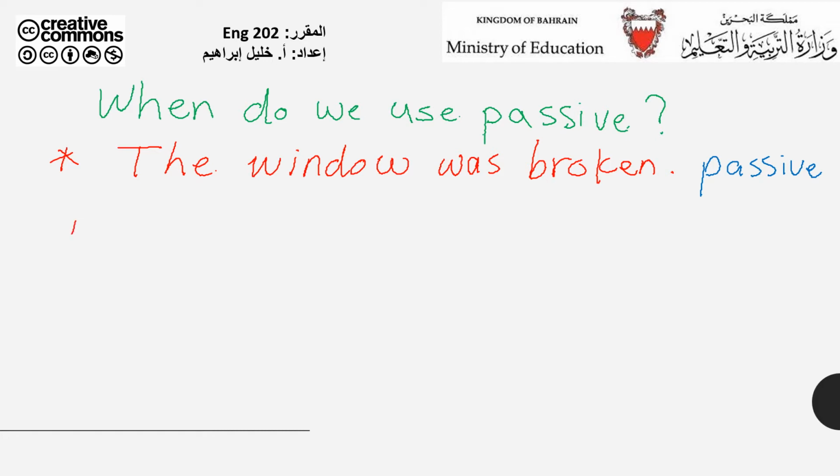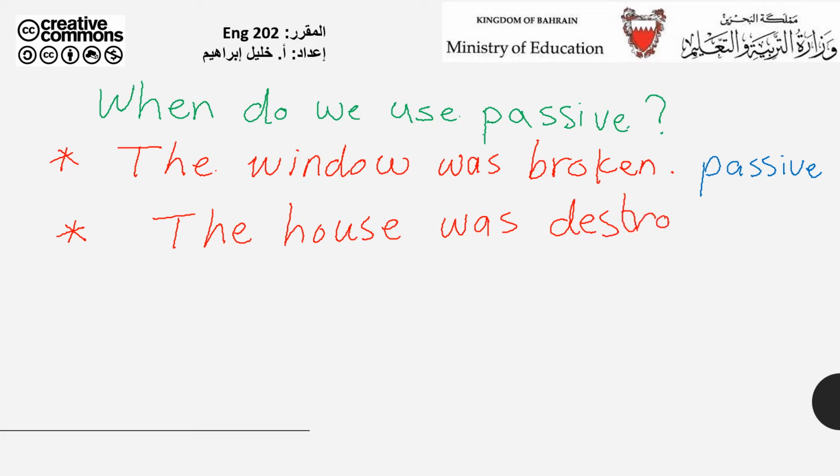For example, the house was destroyed. You can see that the sentence starts with the house, which is the object, and this is the verb. So this sentence is passive.